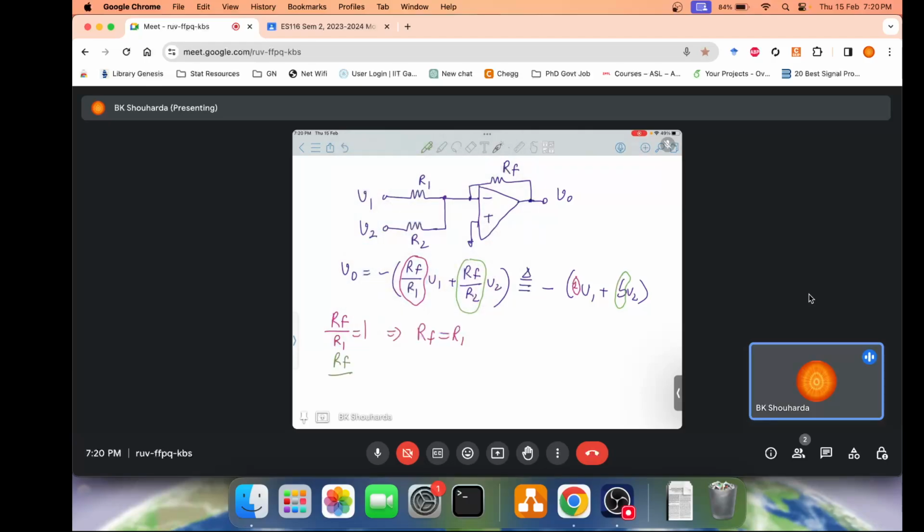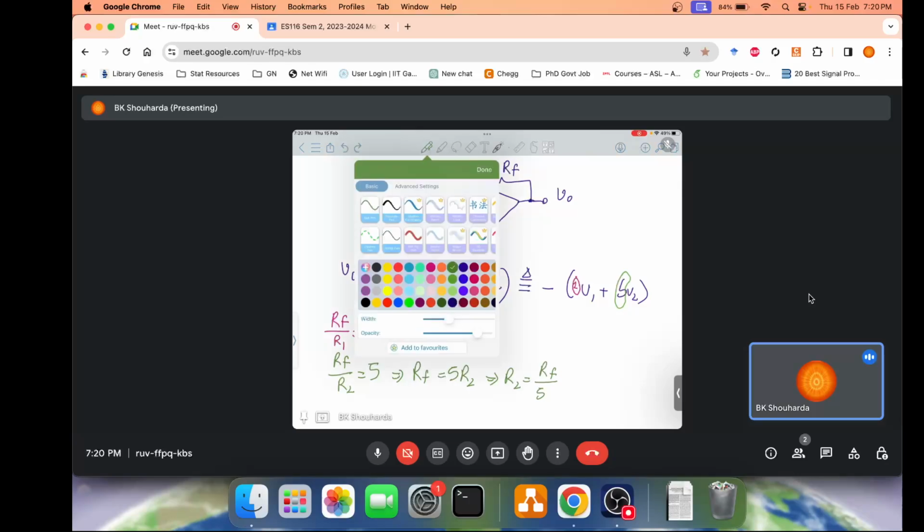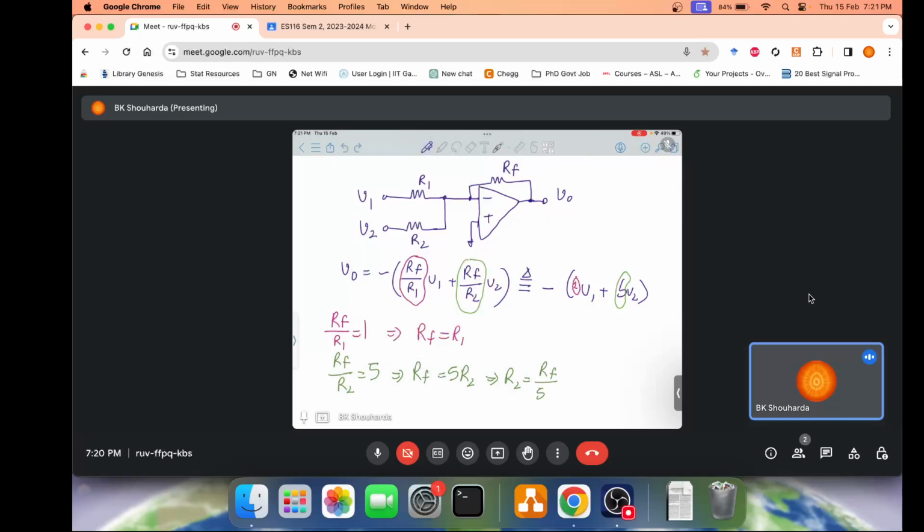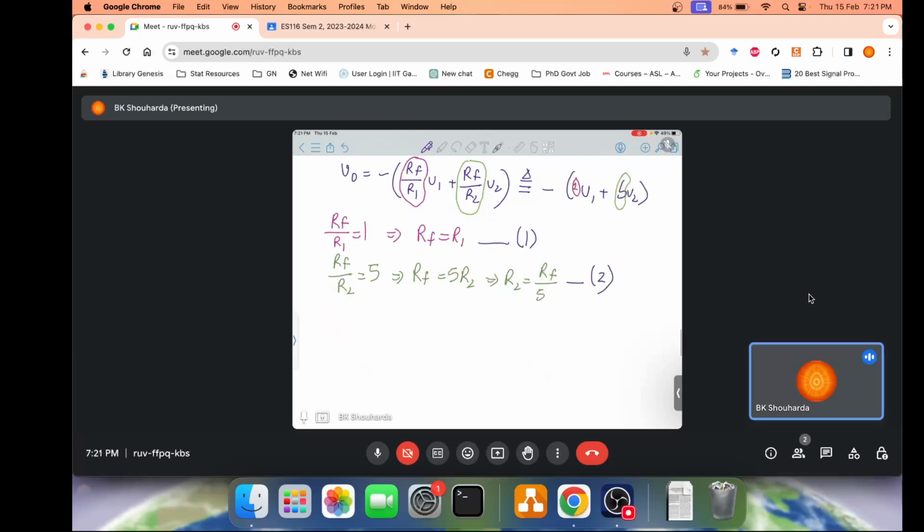Rf upon R2 equals 5, so Rf equals 5R2, or R2 equals Rf upon 5. Alright, so we have these two constraints with us, 1 and 2, but we have three variables, Rf, R1 and R2, so we need the third constraint.